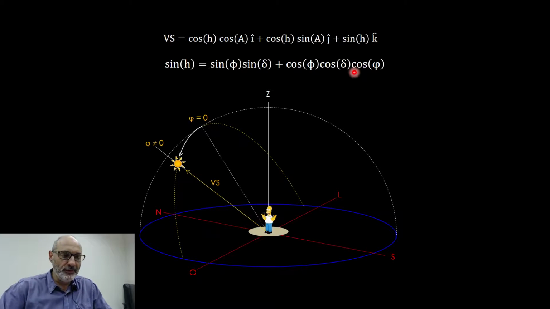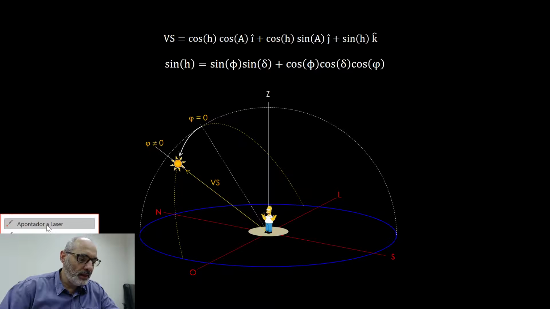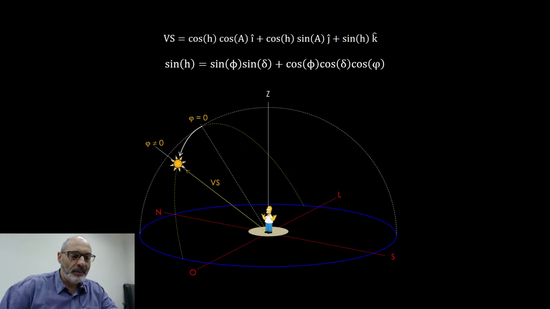Okay, so we have everything we need. Just a few remarks before. We have the sun vector. We have an equation to calculate the sun's elevation. We can see this on the celestial sphere. As I mentioned, the sun is going to rise here. Let me get my pen.